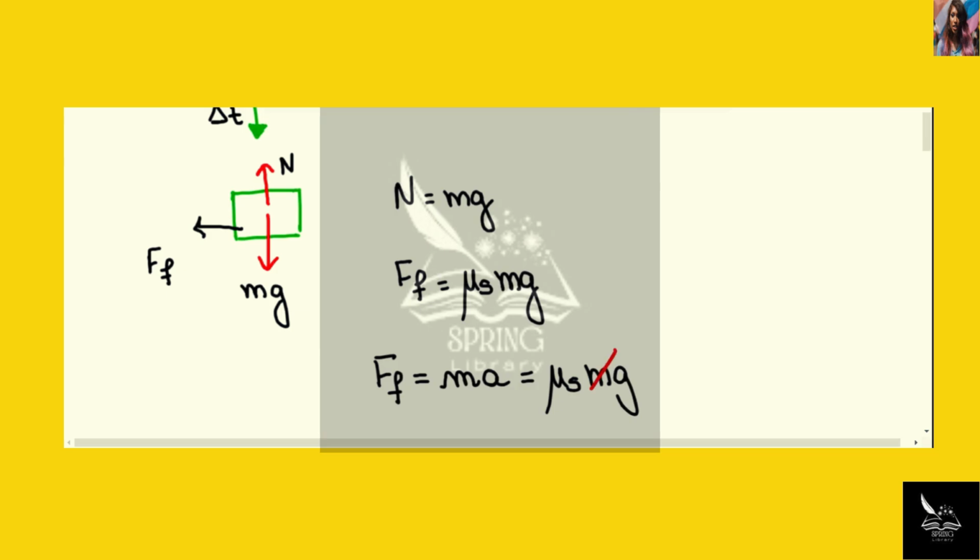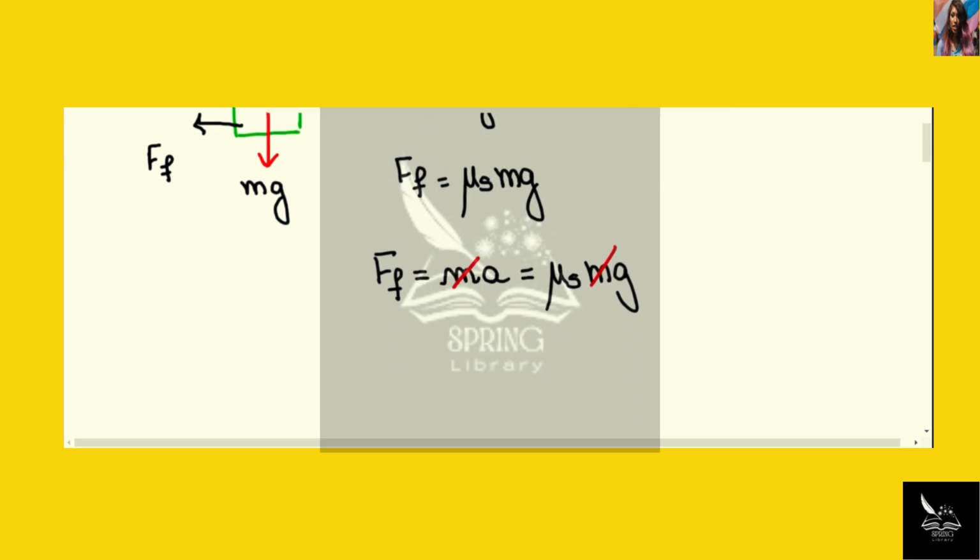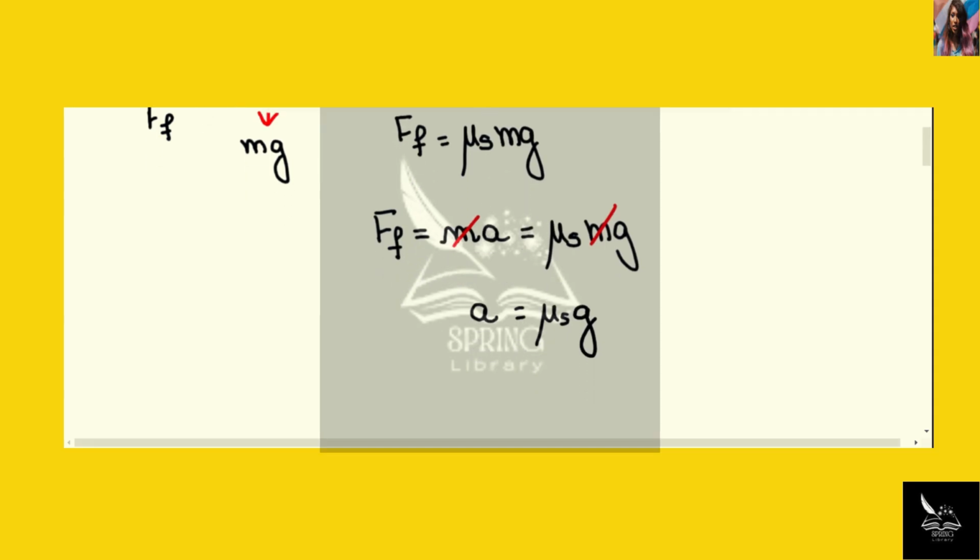So the m's cancel out, and the maximum acceleration is equal to mu s times g. So this is 0.3 times 9.8 meters per second squared. So the acceleration is 2.94 meters per second squared.